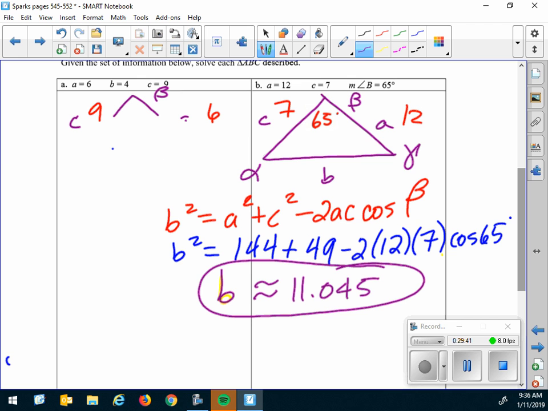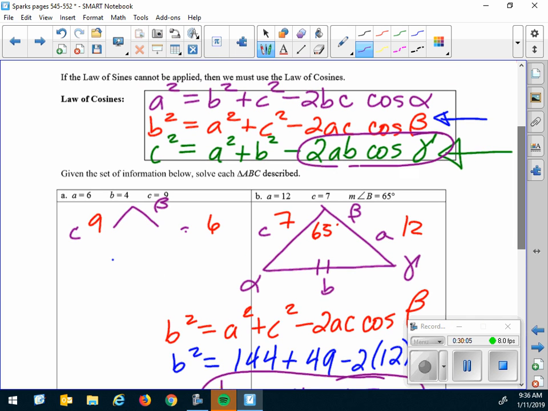Now let's go back. I know what that is. Don't go to law of sines, you can't do that. However, now I need to find these 2 angles right here, correct? Now, we're not going to do it. We're just going to talk through it. Let's just say I want to find angle alpha. Which of these three am I going to use?